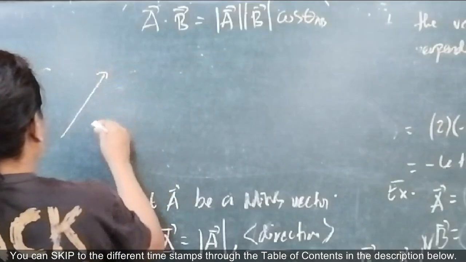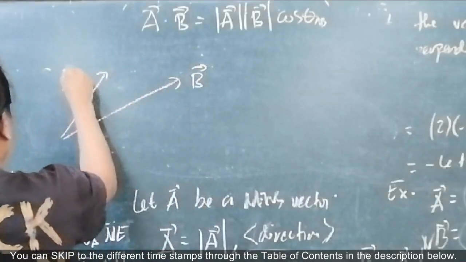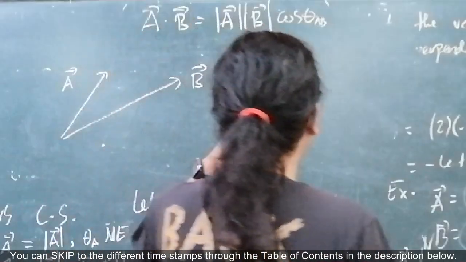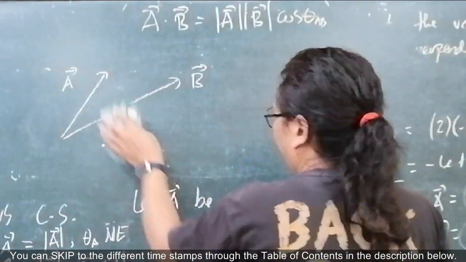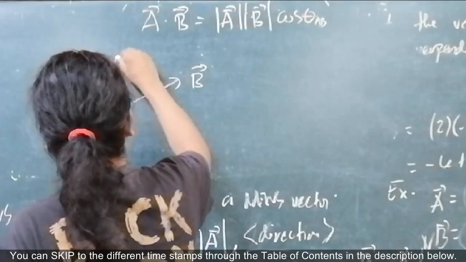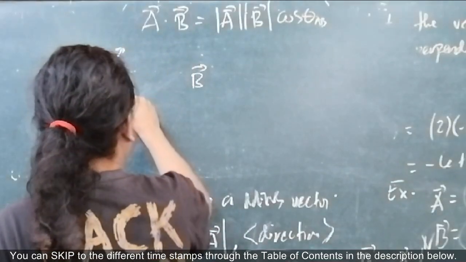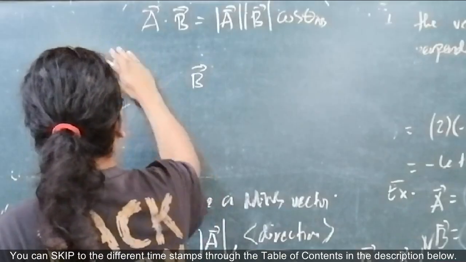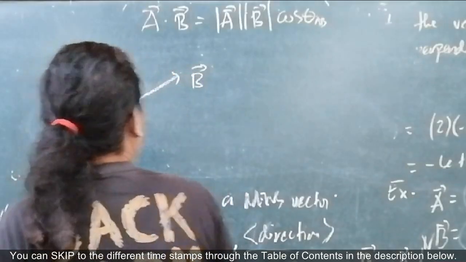Suppose this is A and this is B. For simplicity, let's put A on top, and then this is B.